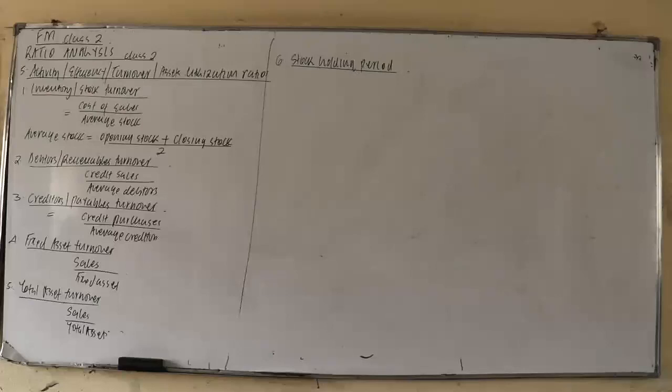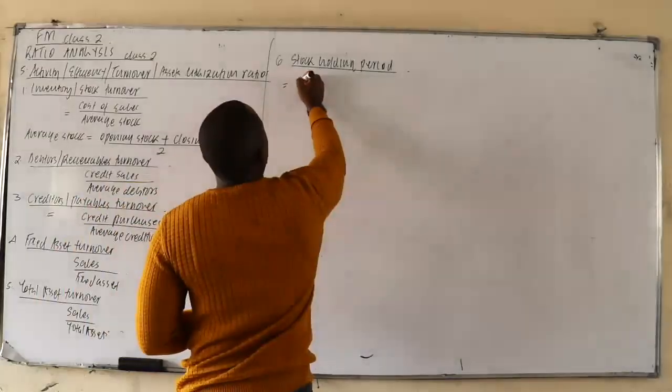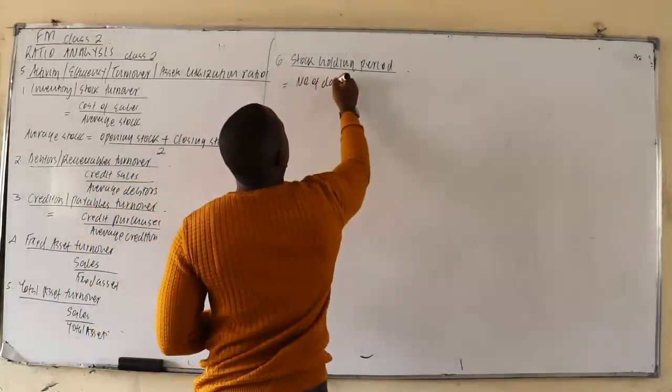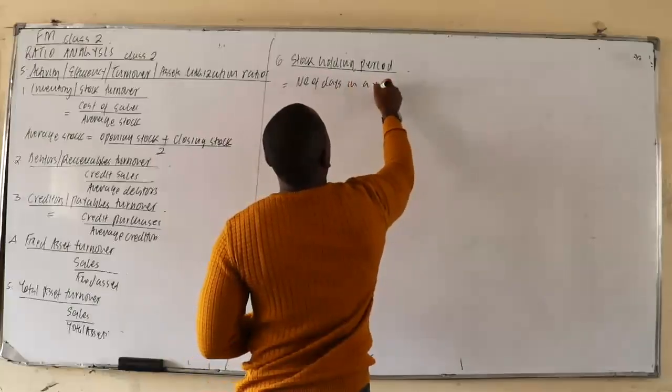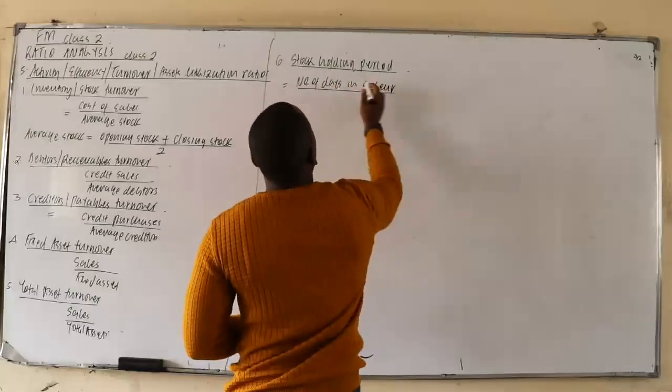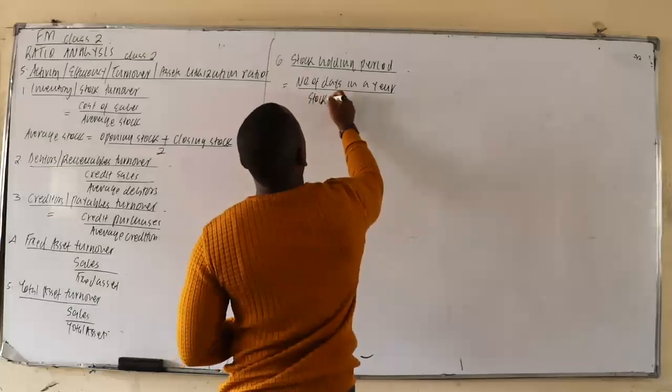For example, if you are dealing with some inventory you're selling, when you buy them, how long does it take before you sell them? So the average period, that's what we call the stock holding period. It's computed as follows: the number of days in a year, you divide by the stock turnover.